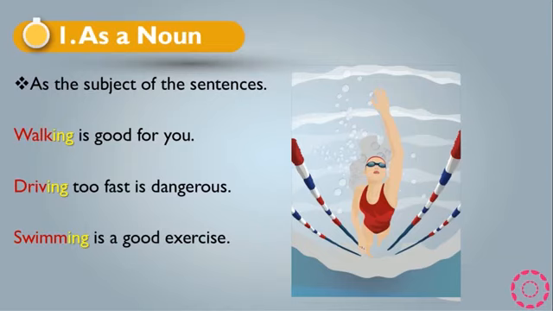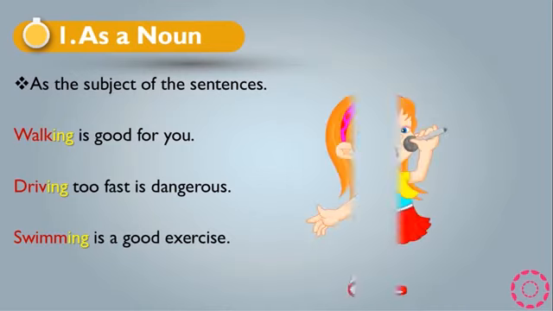Again, here we have swim, and we simply add ing and it becomes swimming. So whenever a verb takes ing and comes at the beginning of the sentence, it functions as a noun, as you see in the examples: walking, driving, or swimming.